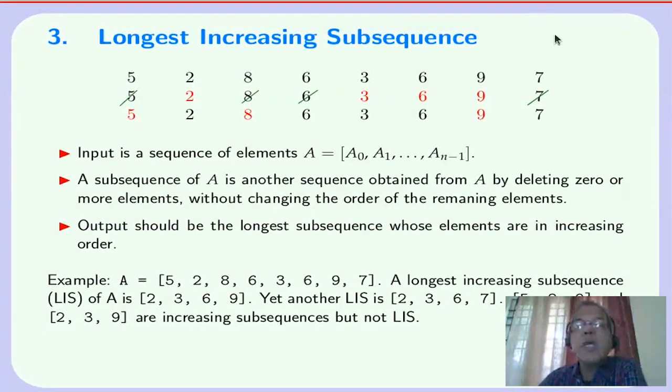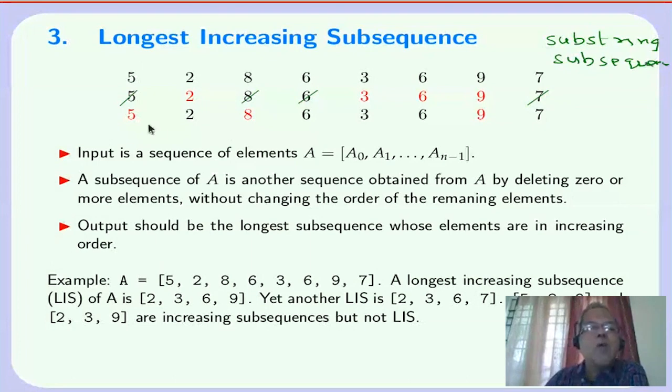So distinguish between the two words substring and subsequence. 5, 8, 9 is another subsequence. So what is the problem? The input is a sequence of elements A. In the algorithm, I use A1, A2, and so on, AN.